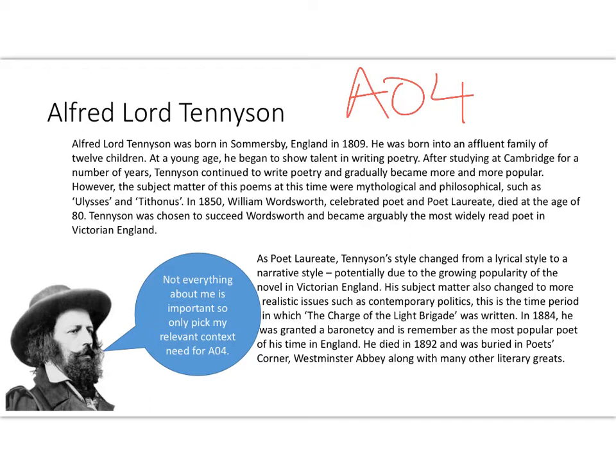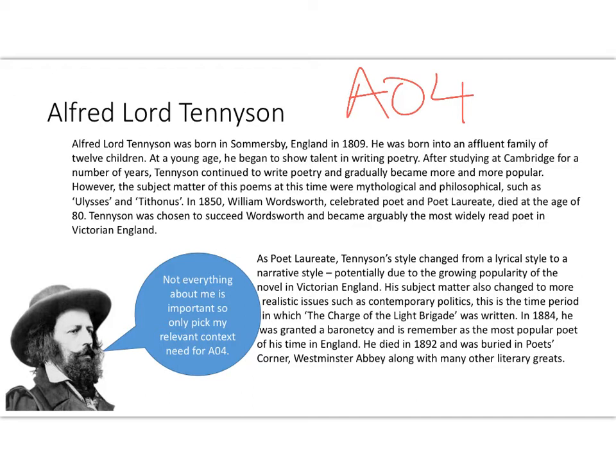So what I want you to do is to read through the information here on Alfred Lord Tennyson, and as it says in the speech bubble, not everything about him is important. So I need you to read through and find out information that you think might be relevant to a poem about war, and specifically this poem, The Charge of the Light Brigade.